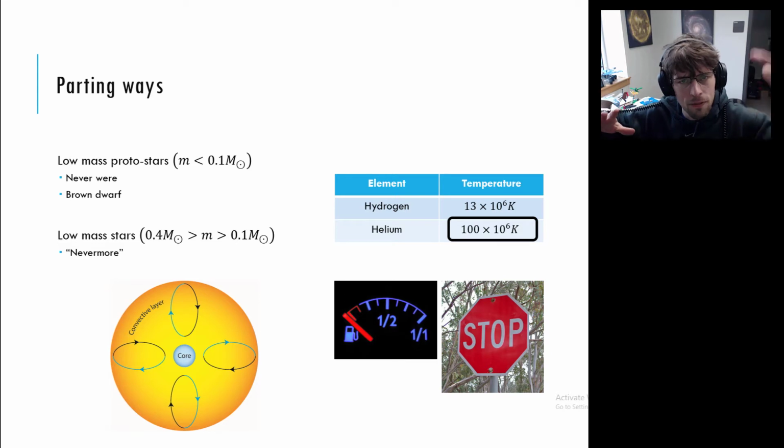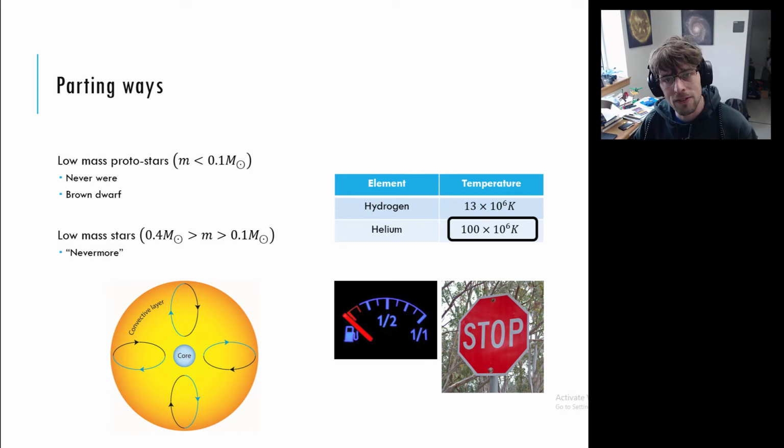The fusion turns off. Okay? The star will gravitationally collapse. It will start getting warmer, admittedly, but it will never hit 100 million Kelvin. It doesn't hit a high enough temperature to start the helium-helium fusion process. Stop. The gas tank is empty. Do not pass go. Do not collect $200. You are done.